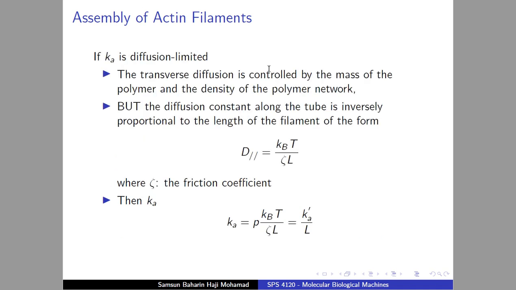If the rate constant is a diffusion limited rate constant, then the transverse diffusion is controlled by the mass of the polymer and the density of the polymer network.